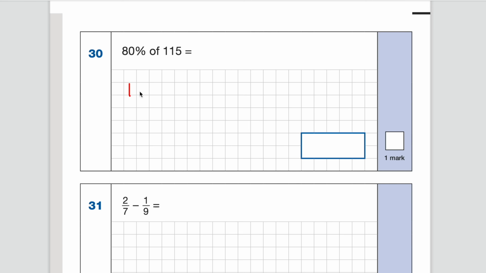So 115 divided by 10 is 11.5. That is 10%. So we need to multiply this by 8. So 11 times 8 is 88. 8 times a half is 4. Put our 4 there. 88 plus 4 is 92. That's your answer. 80% of 115 is 92.